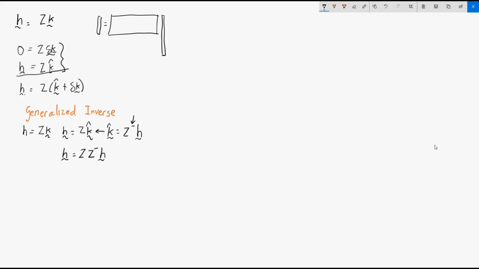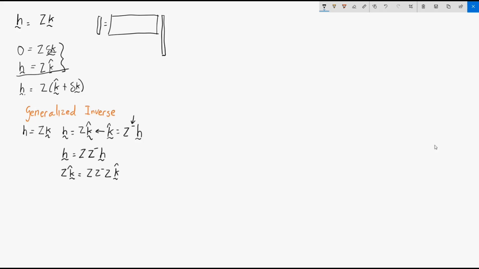But h equals Z k hat, so making that substitution, Z k hat equals Z, Z negative, Z k hat, which gives us the definition that mathematicians use for the generalized inverse.